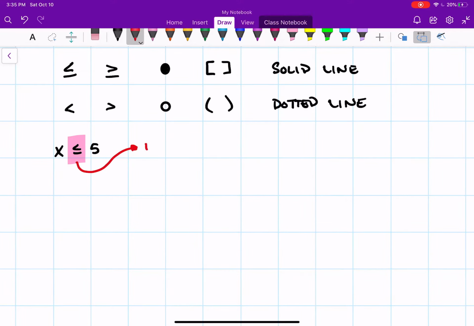One, that this is a solid line, so when I graph this, it's a solid line. And the second is that I'm going to use the inequality when I test a point, and that's going to help me shade.